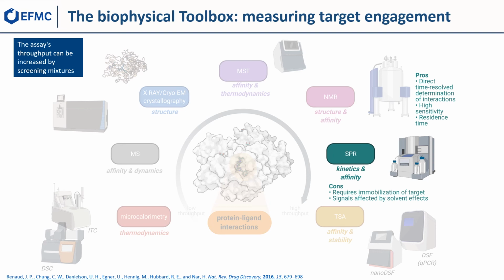An alternative configuration of SPR involves imaging of a microarray with immobilized small molecule sensors using a charge-coupled device camera, providing information on binding, yes or no, and binding specificity through on-array competition experiments.